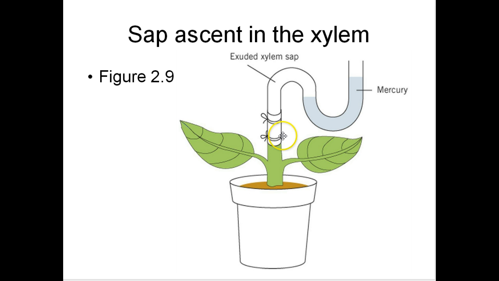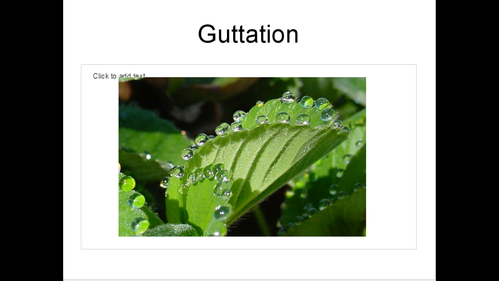And you can actually do this. You can attach a manometer and water the plant, and it's going to push the water up to a certain point so it'll actually move the mercury. There are better ways of doing that. And I told you when we went over this in class that you're going to have this on your take-home exam.